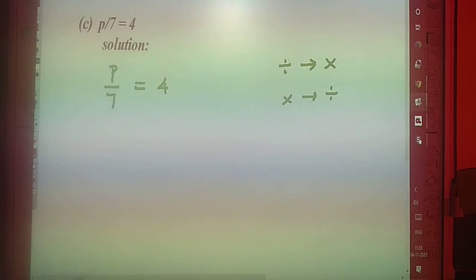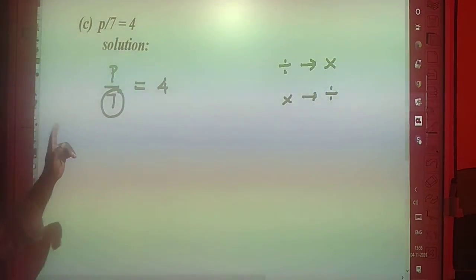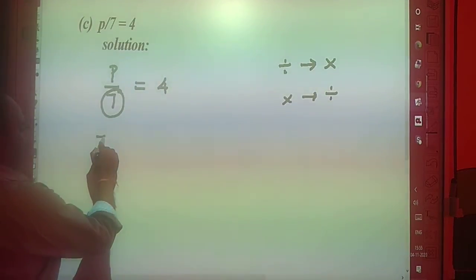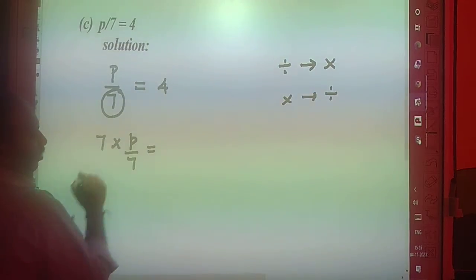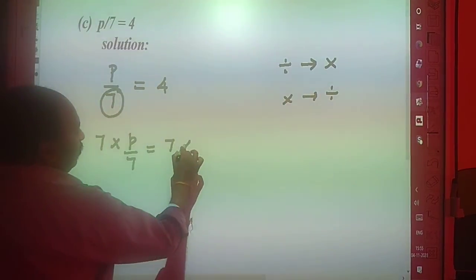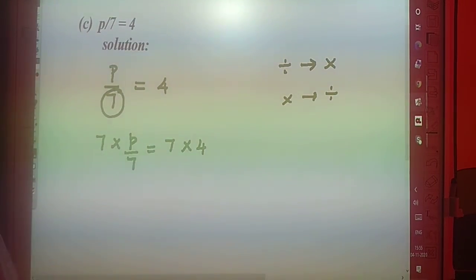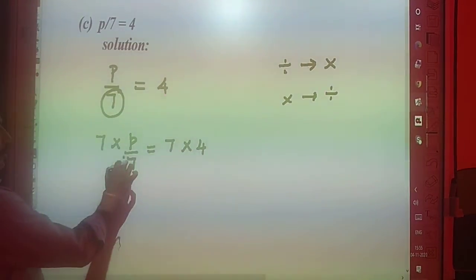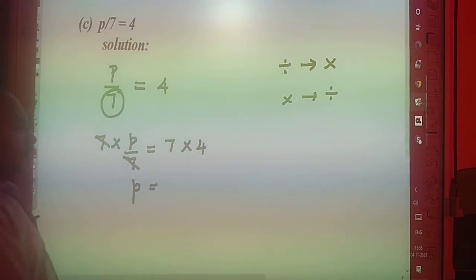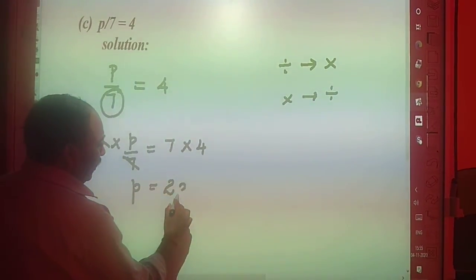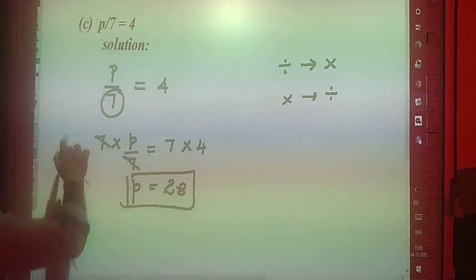So we want to multiply by 7 on both sides. 7 into P by 7 is equal to 7 into 4. Here 7 cancels, remaining P only. P is equal to 7 4s are 28. So P is equal to 28.